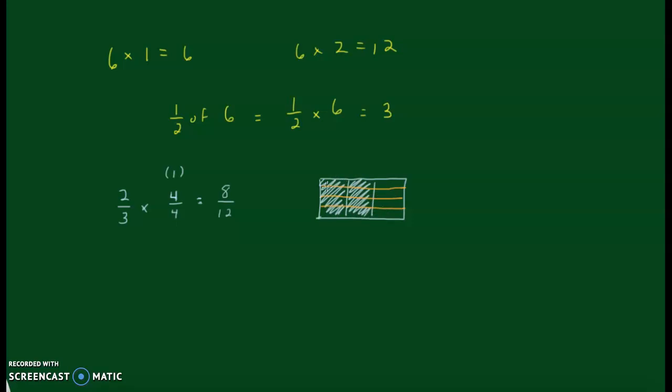I didn't change how much was there. I just changed the size of the pieces. So now I have an equivalent fraction represented, and that's 8/12. So we can think about this fraction being the number 1. So 2/3 times 1 is 2/3. Or if I want an equivalent fraction, 2/3 times 4/4 is 8/12.